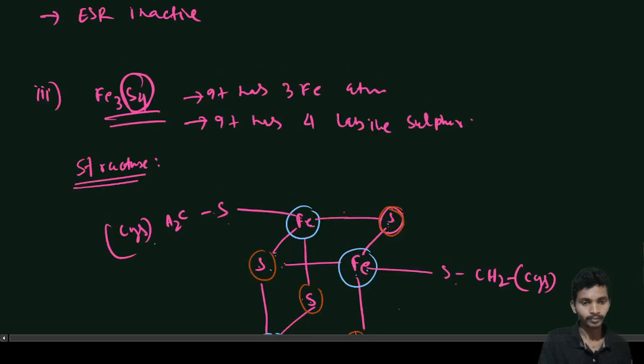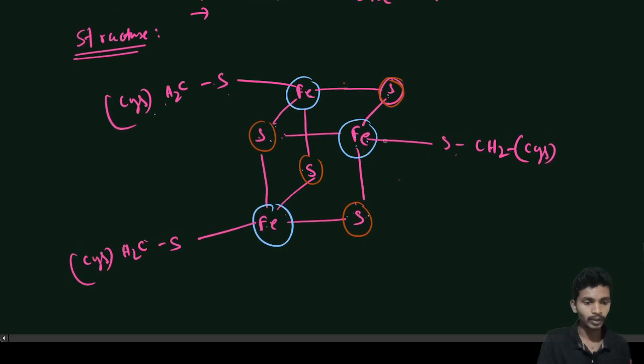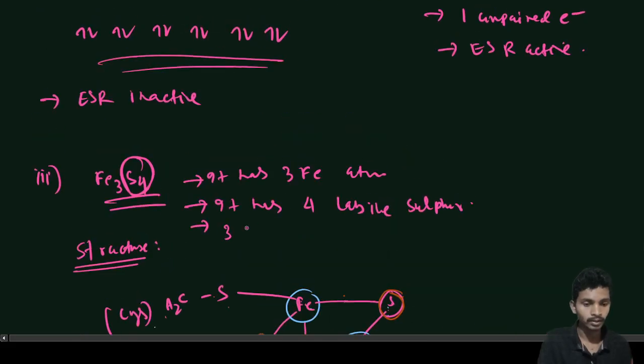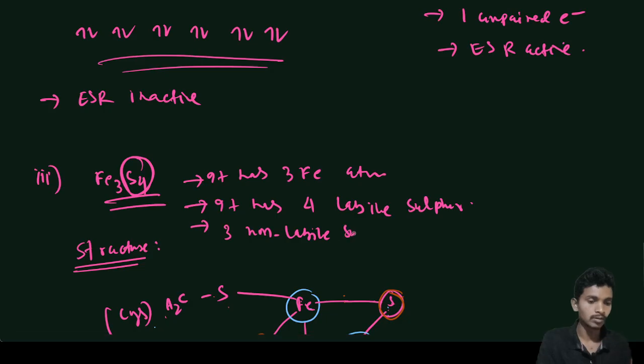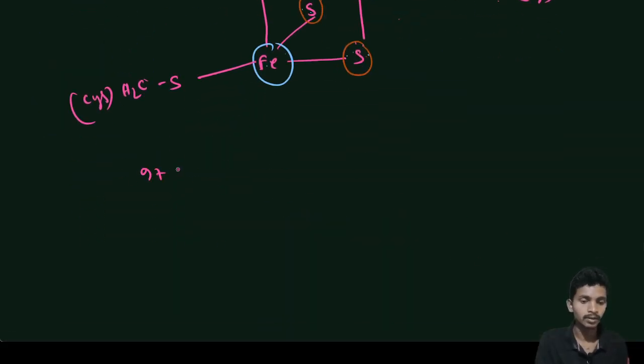Okay, so it has 4 labile sulfurs and how many non-labile sulfurs? 1, 2, 3. Okay, so 3 non-labile sulfurs. So it also exists in 2 forms.